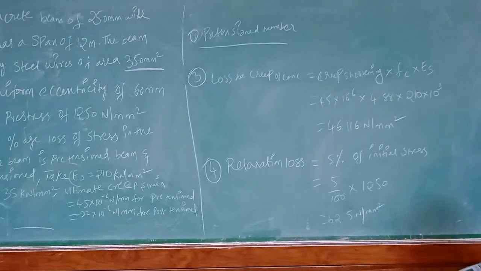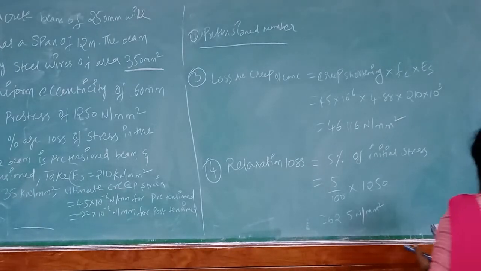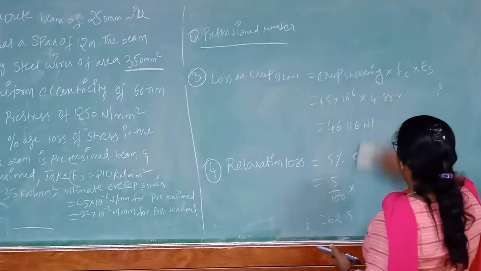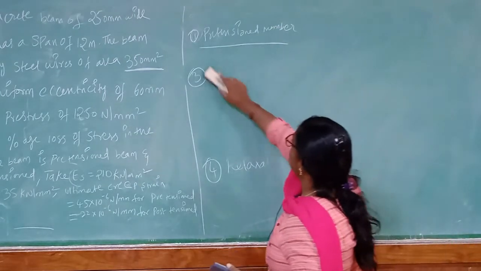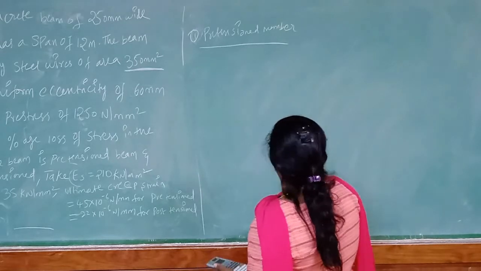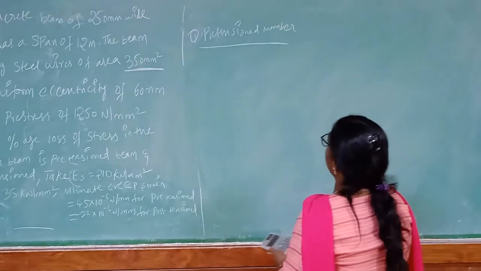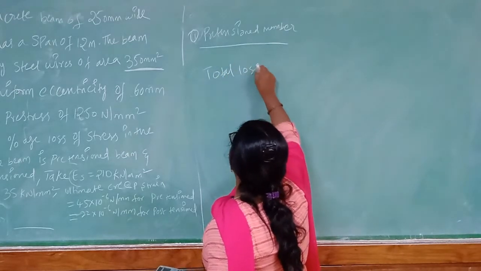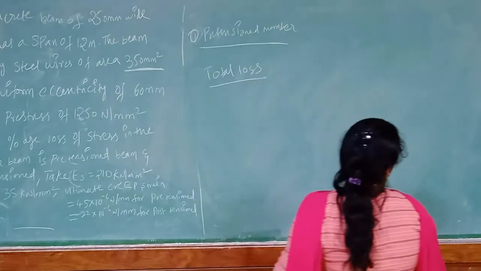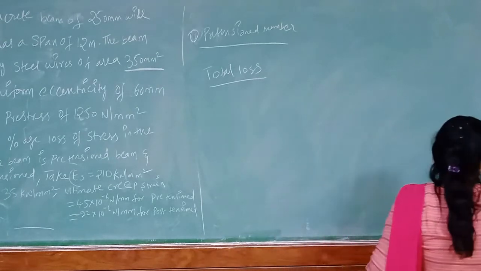We have got all four losses which occur in the pretension member. Now we need to calculate the total loss which has occurred in the pretension member.